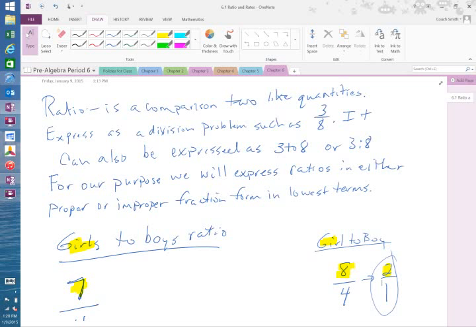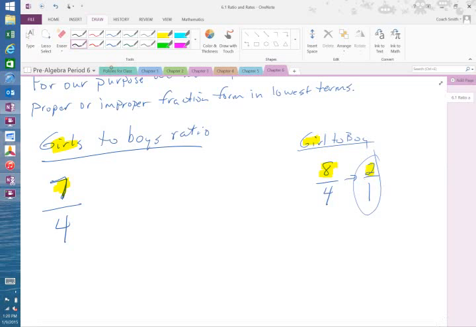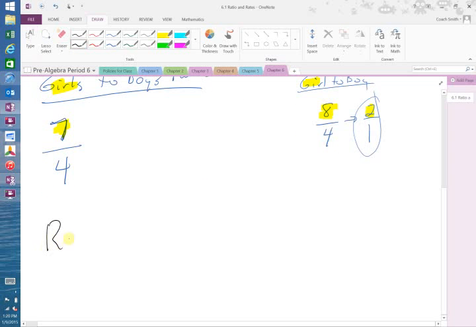All right, now let's talk about rate. Rates are a form of a ratio.